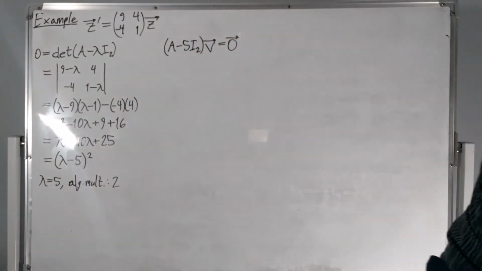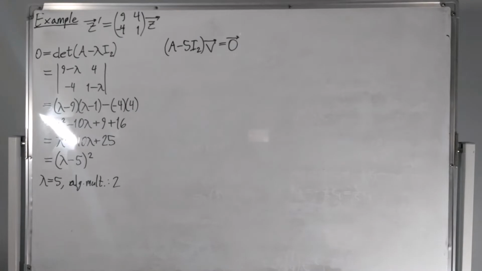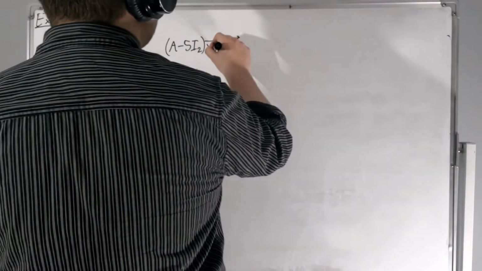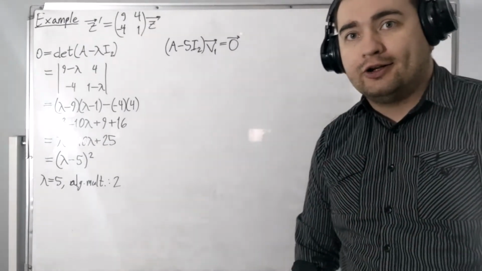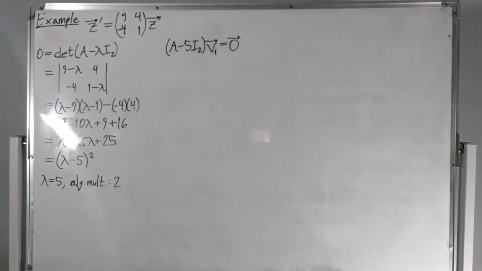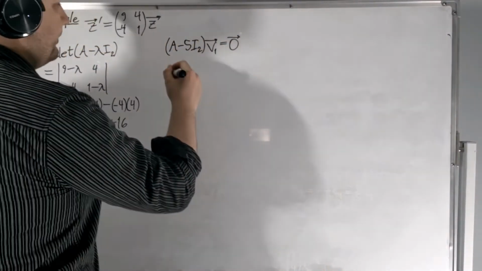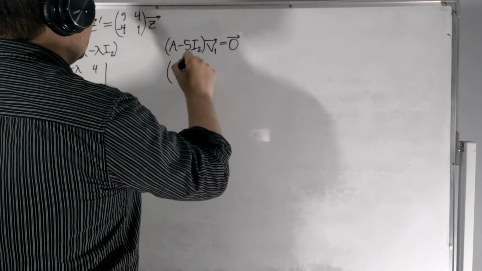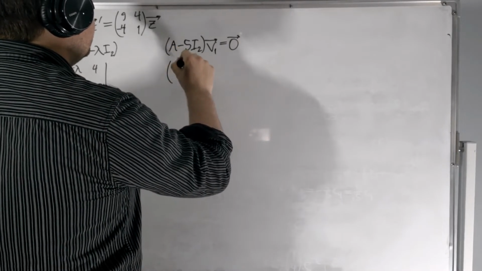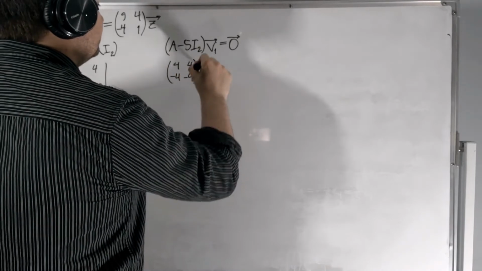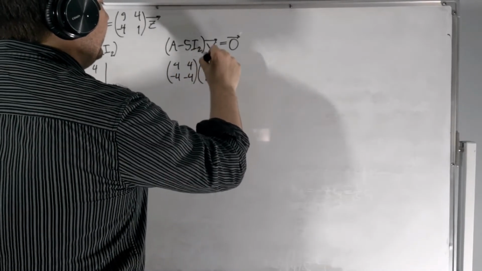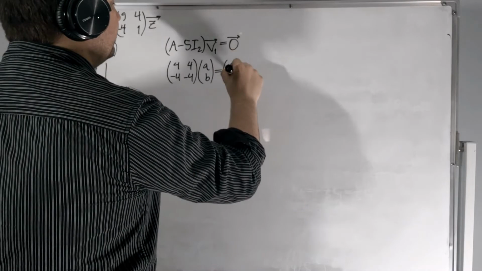Actually, I'm going to call this v1 because we're going to need generalized eigenvectors, and I'm going to call them v2. So A minus 5 I2 looks like 4, 4, negative 4, negative 4. Multiply this by a, b and get 0, 0.